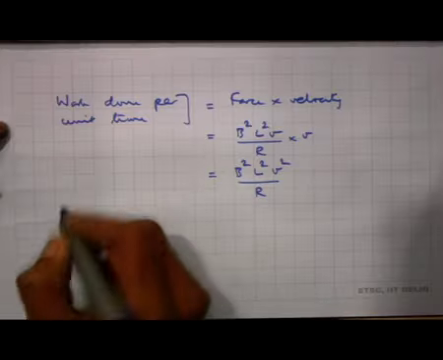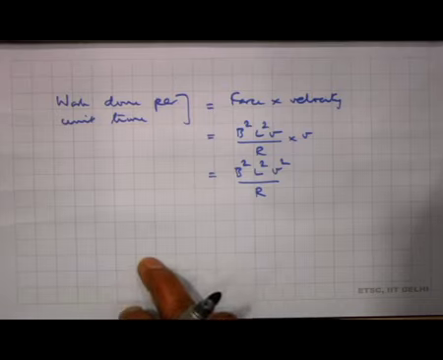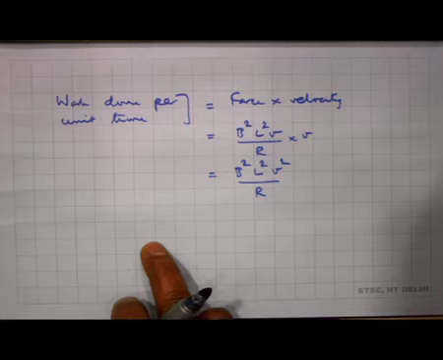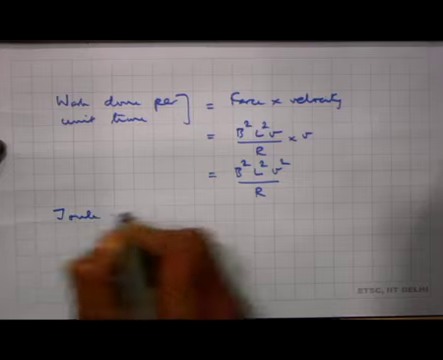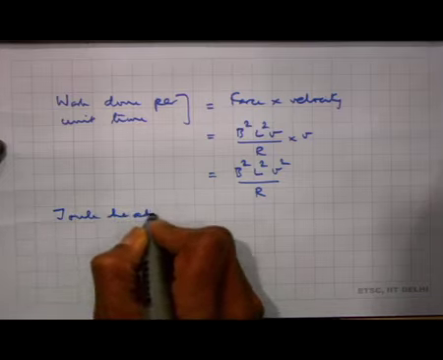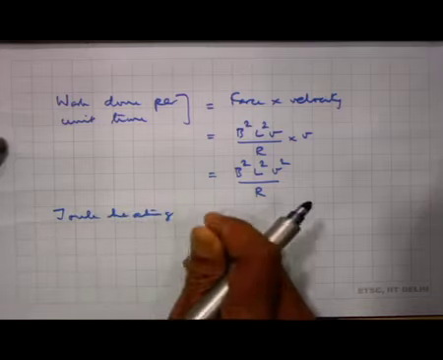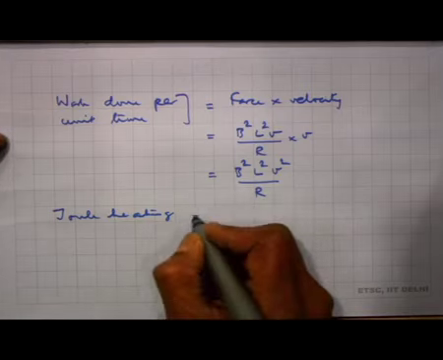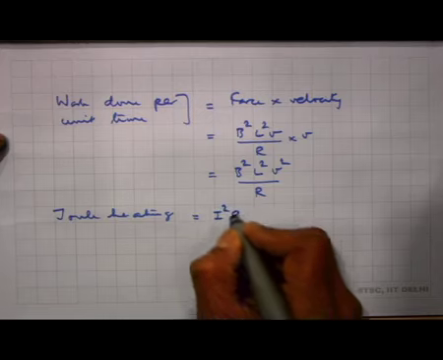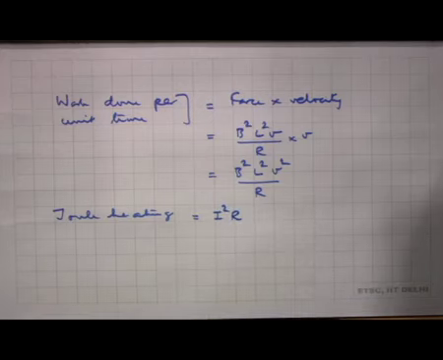Now, because there is a resistance in the circuit, if you have a current I passing through a resistance, we have seen that there is Joule heating. That means, if you have a current I in a resistance R, the power consumed is I squared R, the square of the current into resistance.